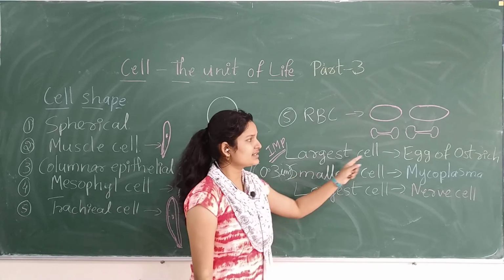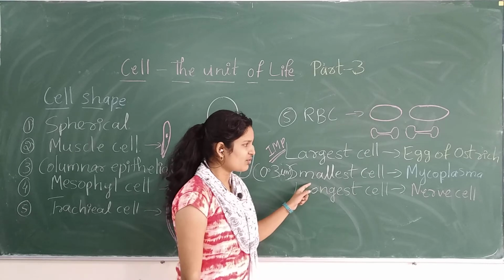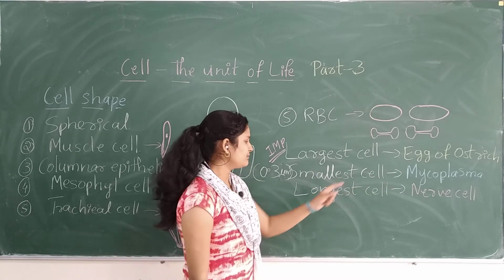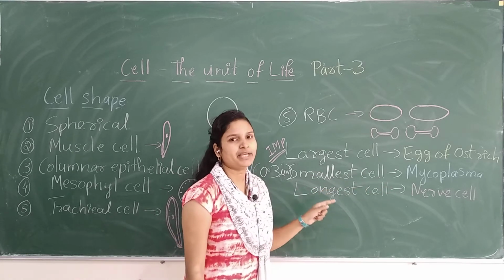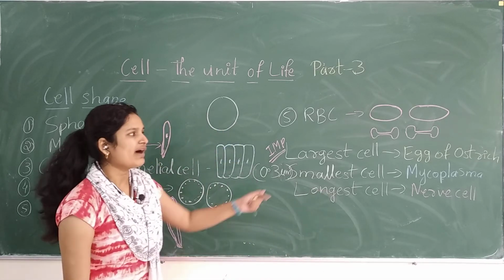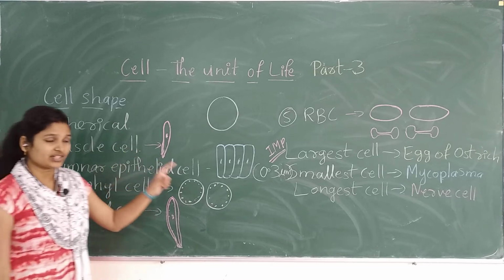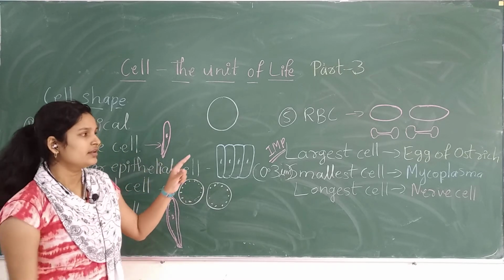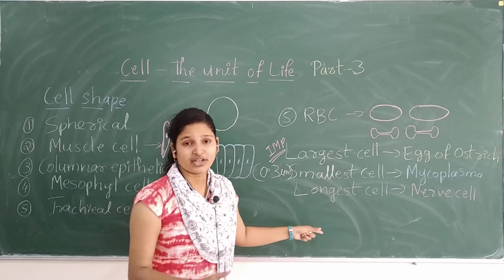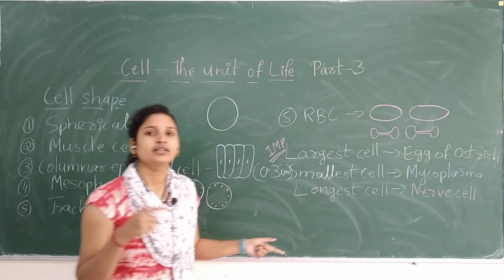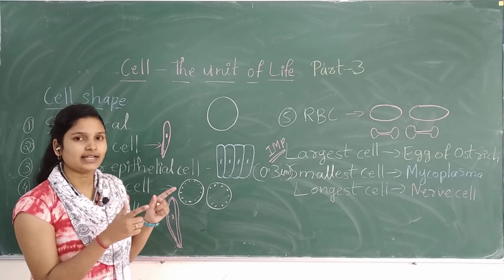Next, the largest cell is the egg of ostrich, the smallest is mycoplasma, and the longest cell is the nerve cell. Why these many structural as well as functional differences? It is because of the function which the cell is assigned.